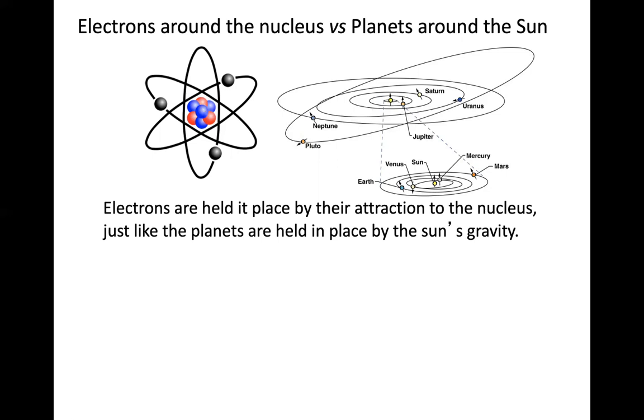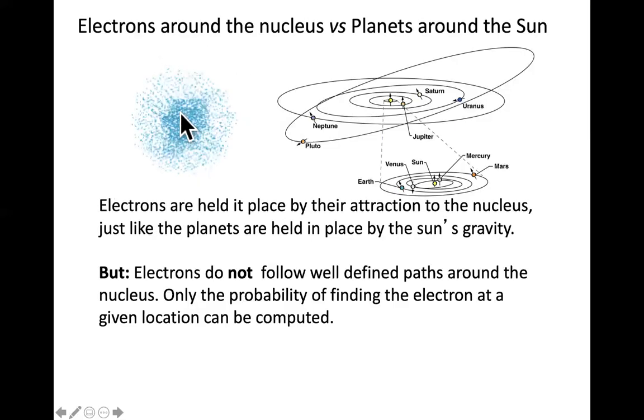But there is an important difference, which is why we don't see these sorts of diagrams as often. The planets follow well-defined trajectories around the sun, but electrons don't follow well-defined trajectories around the nucleus.